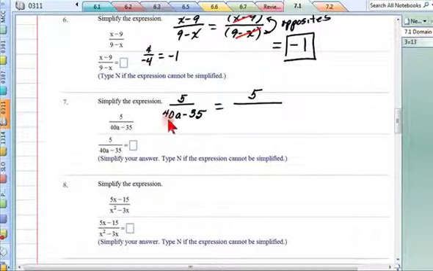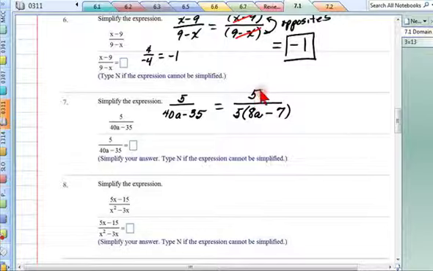Can you factor the denominator? 40a minus 35. What's the first thing you look for in factoring? Greatest common factor. Is there a common factor between 40 and 35? And it is 5. And if I divide 5 into 40a, it goes 8a times. And if I divide 5 into 35, it goes 7 times.